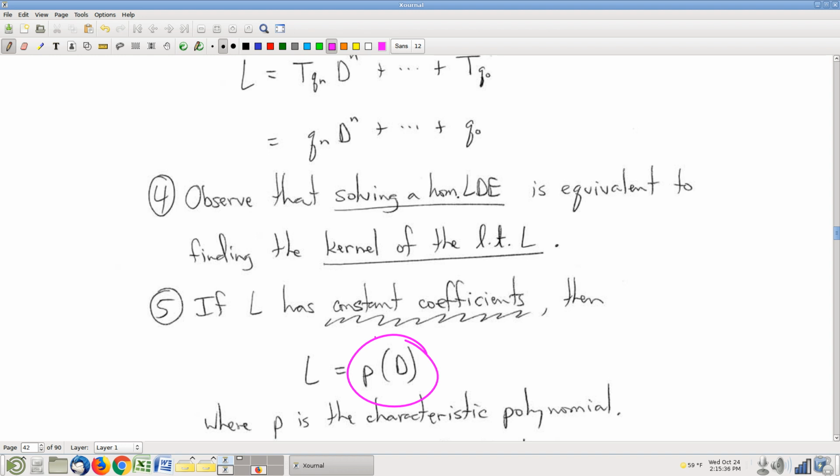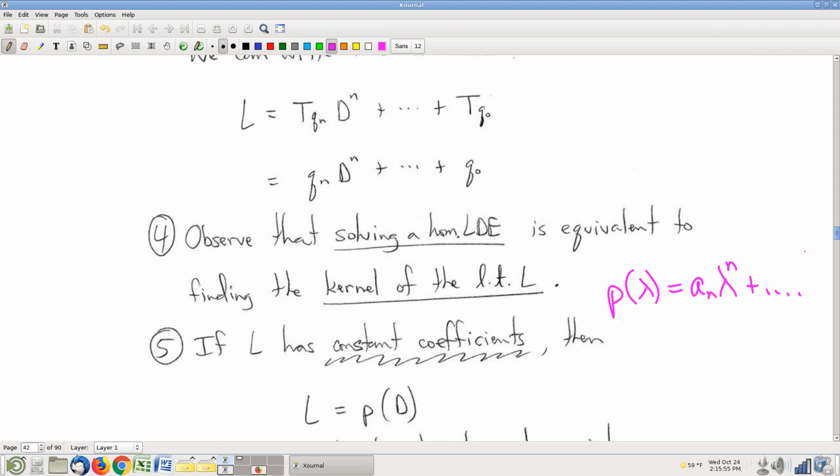Well, let's think about polynomials for a second. What do polynomials do? Let me just write down, so P of lambda is going to be something like a_n lambda to the n plus blah, blah, blah. What do you have to be able to do to make sense out of this?